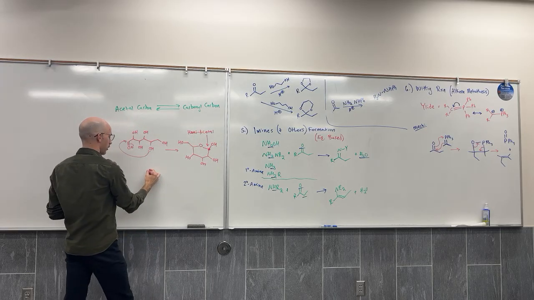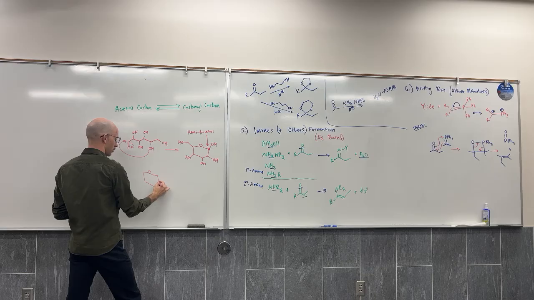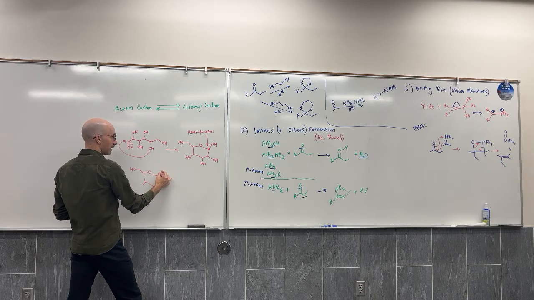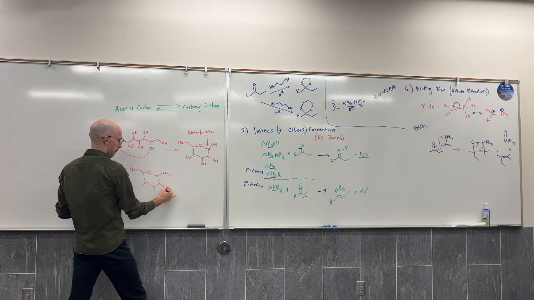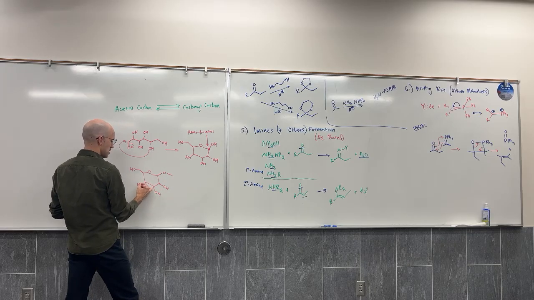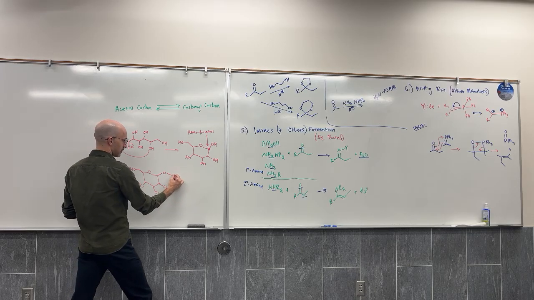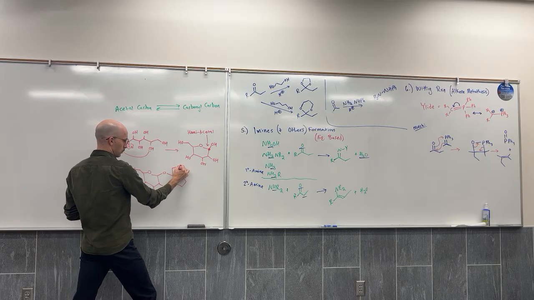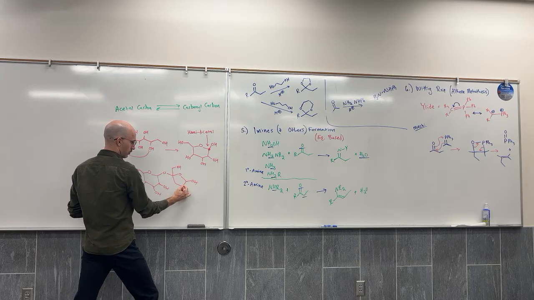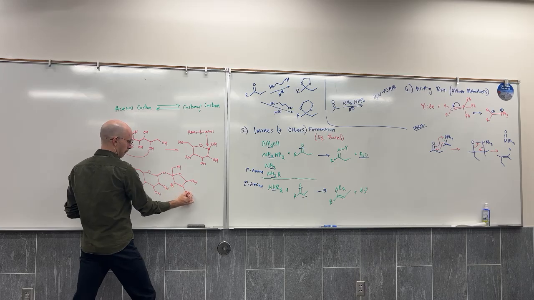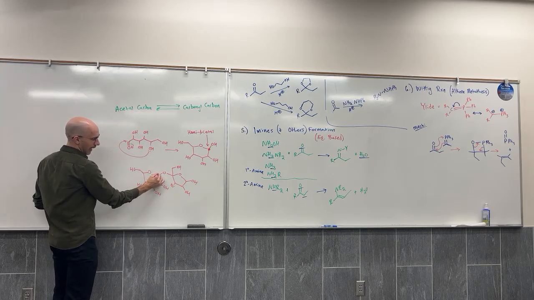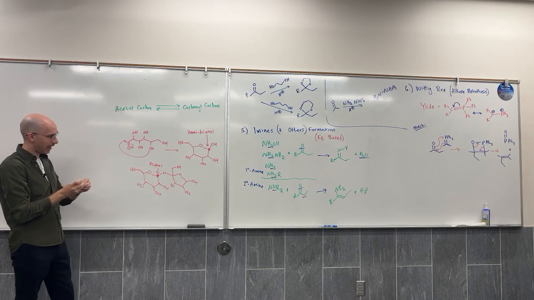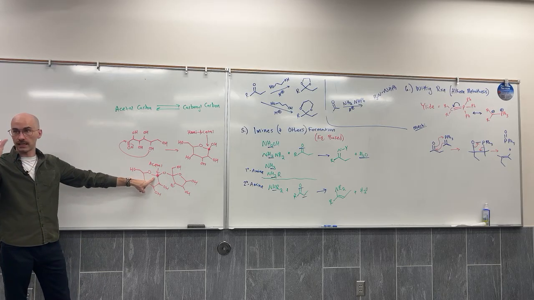Now, as you guys know, there are a lot of sugars that are disaccharides. You might know that. And those disaccharides create an acetal carbon because that carbon is a geminal diether.